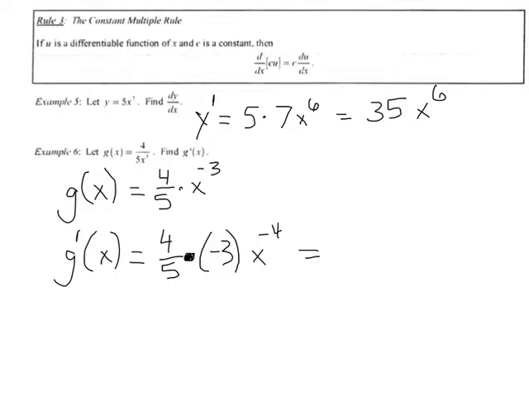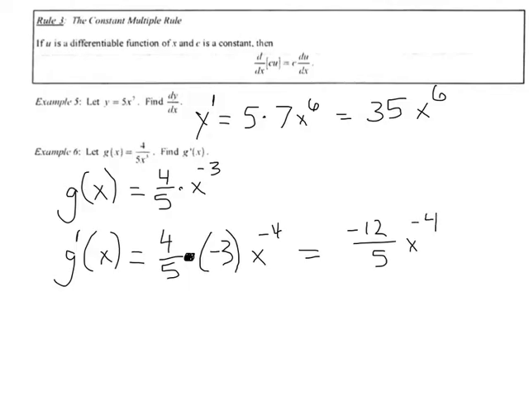So first thing I'd probably do is just multiply the 4/5 and the negative 3 together, so I get negative 12 over 5. That negative symbol could go in front of the 12, it could go in front of the 5, it could go in front of the entire fraction, doesn't really matter. Then I have x to the negative 4th.